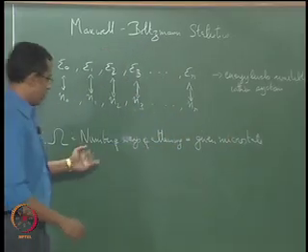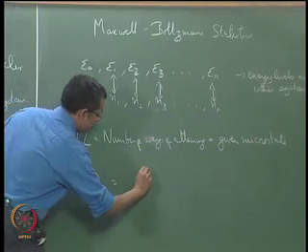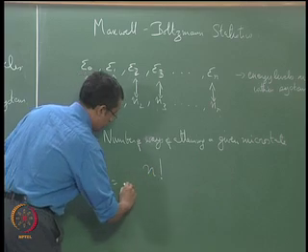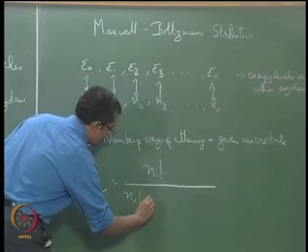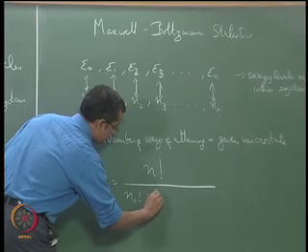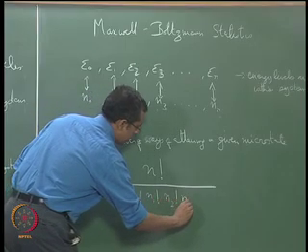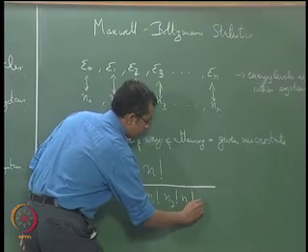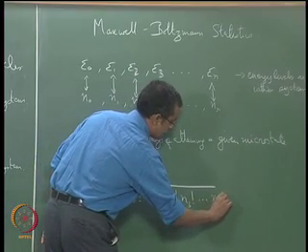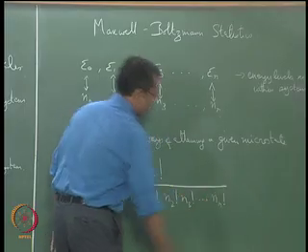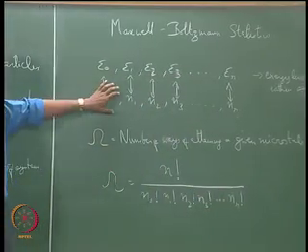I will put down the formula, then we will discuss it. Omega is n factorial divided by n0 factorial times n1 factorial times n2 factorial times n3 factorial and so on times nr factorial, okay. This is capital omega, the number of ways in which you can attain this particular microstate.